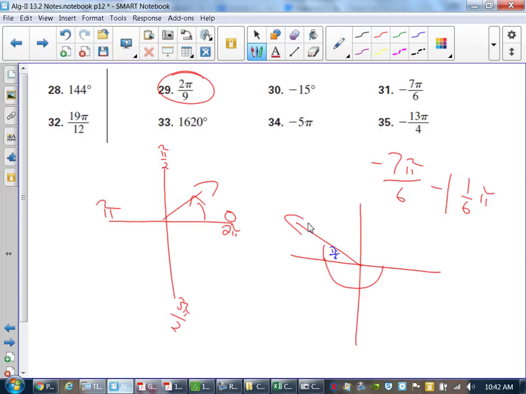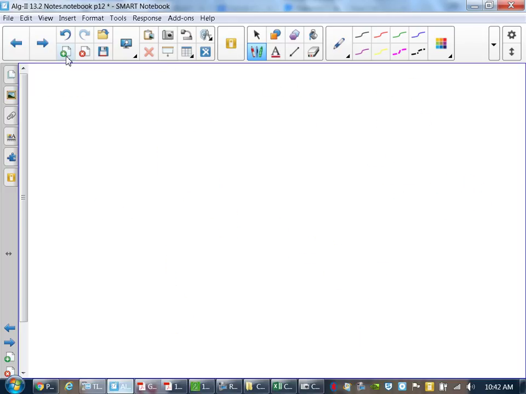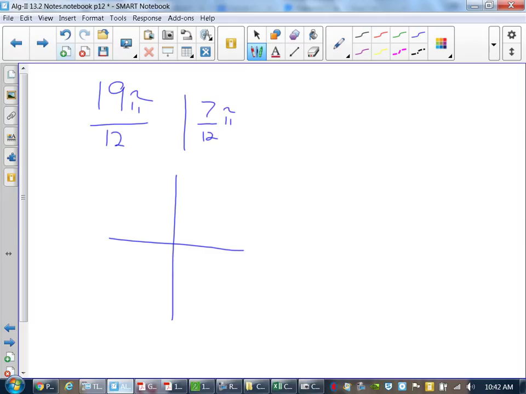19 pi over 12, same idea. If I go 19 pi over 12, well, 12 goes into 19 how many times? 1, and how many are left? 7. So this is 1 pi and 7/12 pi. So if I go to place this, I'm going positive, so I'm going counterclockwise.